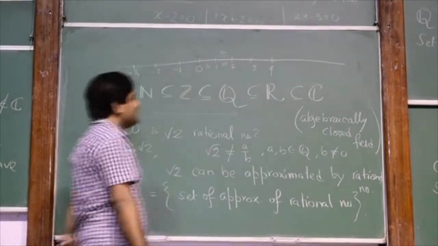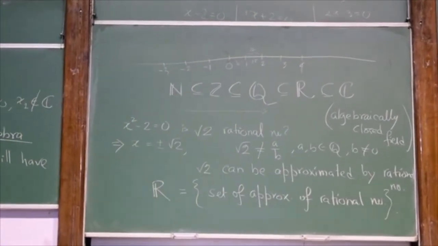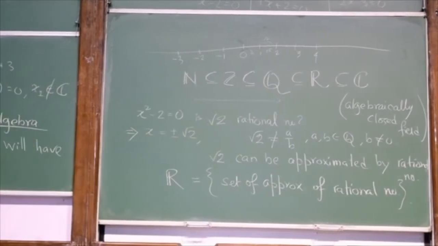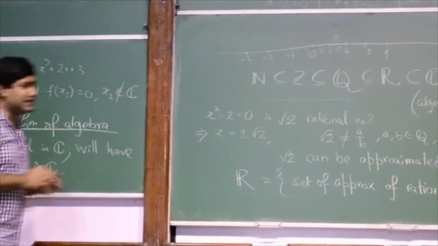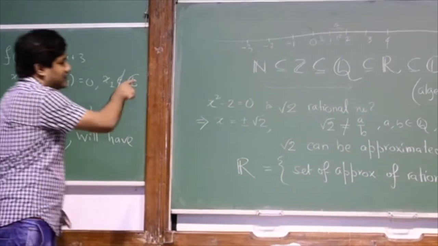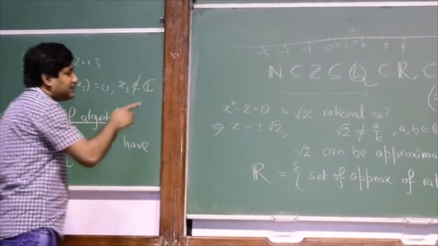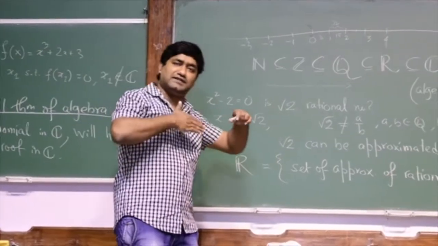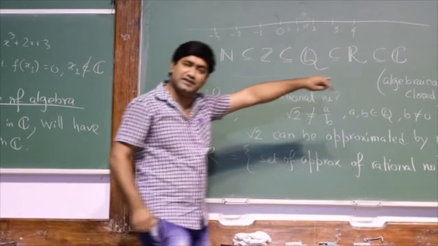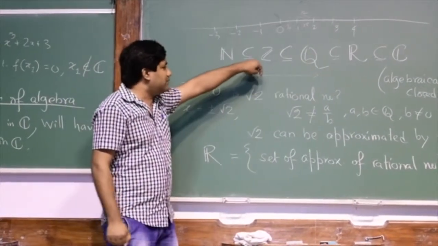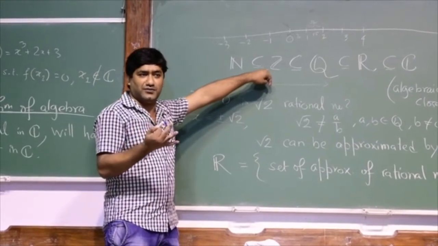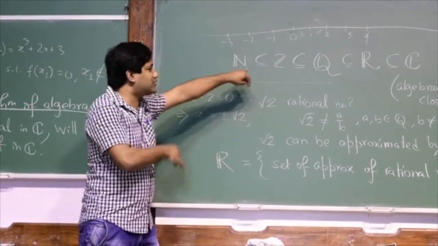So what does that mean? That means you can't extend any more. Everything has to be inside C. If you follow these fields, this should remind you of your NCERT syllabus also. That's how you go: you start from natural numbers and then Z. There you study the fundamental theorem of arithmetic, which I will come to now.